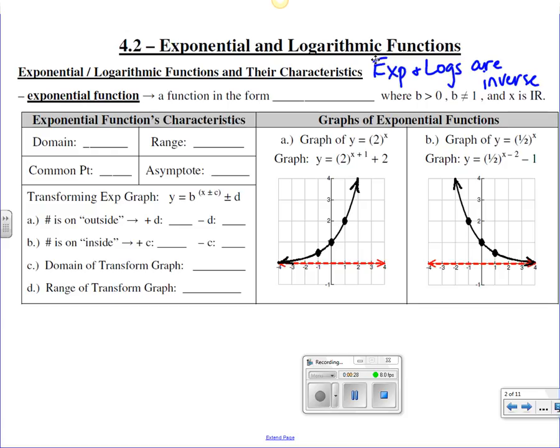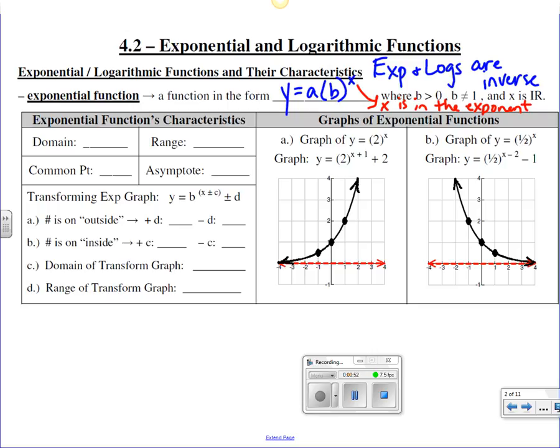An exponential function has the form y equals a times b to the x power. So the key thing is that x is in the exponent. That makes it exponential, if x is in the exponent.